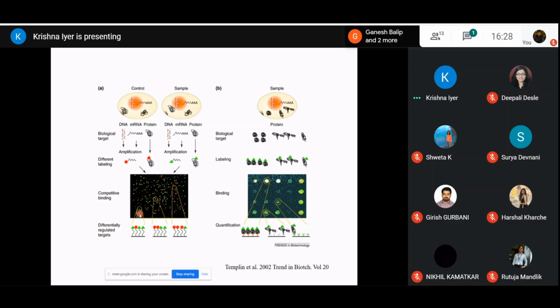Now, the interesting part is, if there is no induction at all of 1A2, then the amount of mRNA that I get here and the amount of mRNA that I get here will be the same. So when I mix both of these and throw it onto the probe, the signal that I will get at the location of 1A2 will be somewhat like this, two reds and two greens, telling me there is no change in the expression pattern.